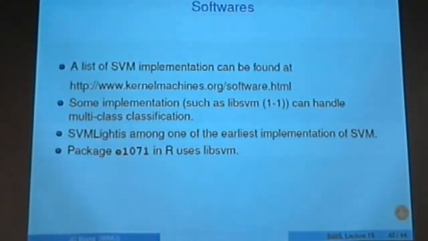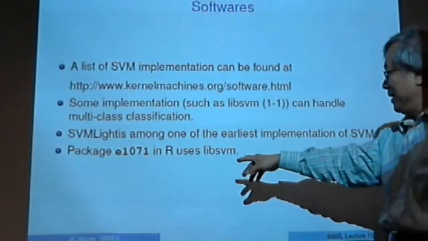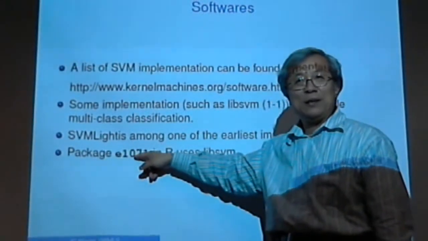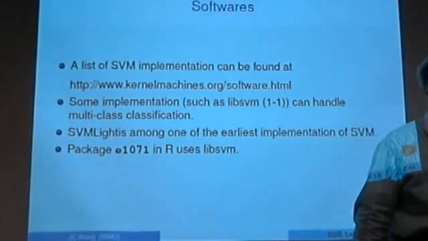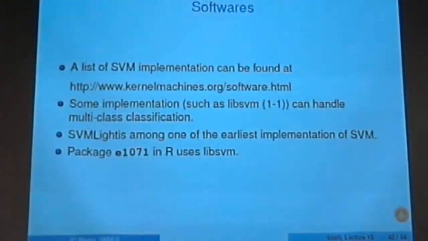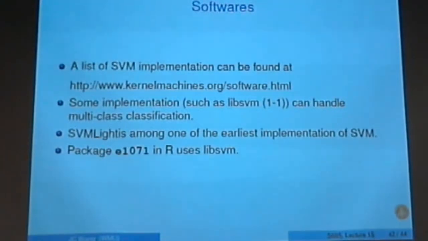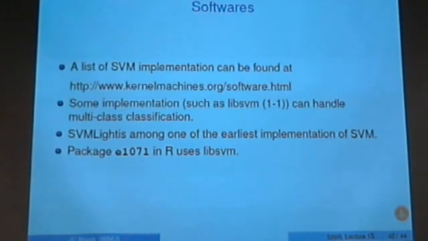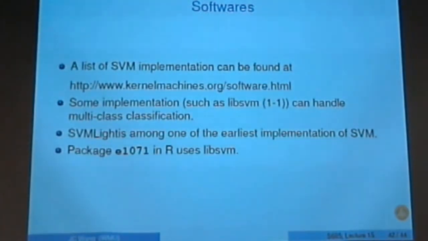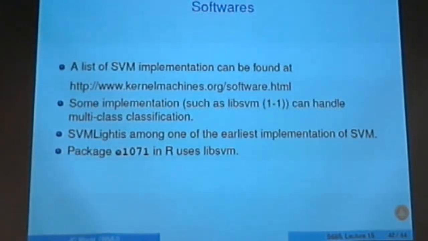Does anyone know about this? I don't know where this number comes from. Let's see if you can find the history of that. Maybe it's some kind of version number, like version 10.71 or something like that.